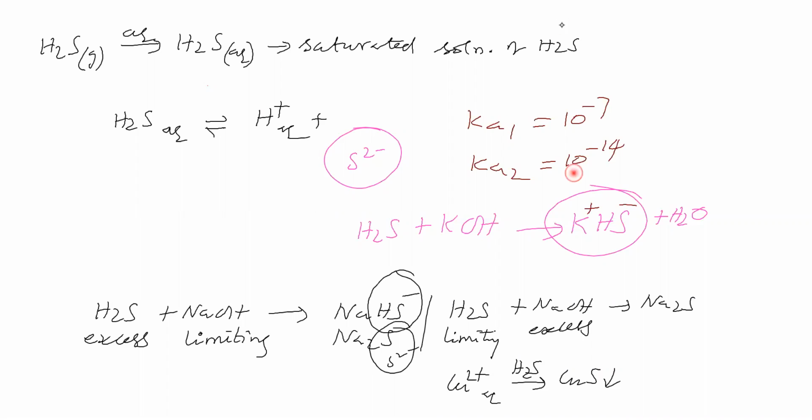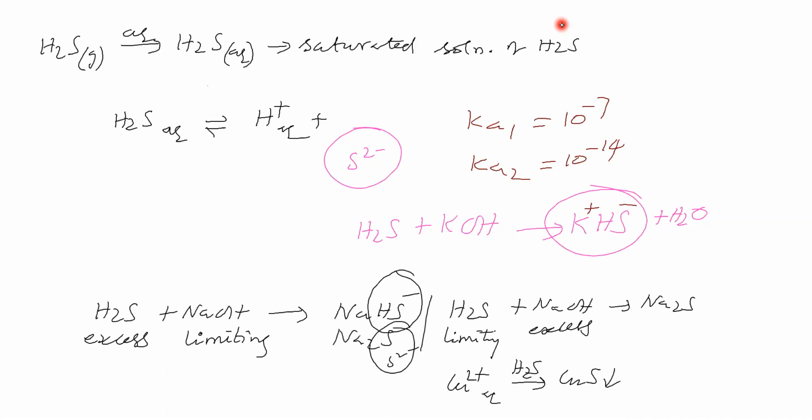This is from experiment. This experiment says that in this solution, two equilibria are possible or only one equilibrium is possible. What do you say regarding this?